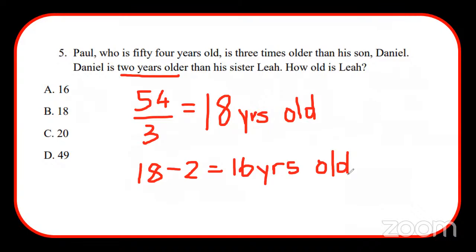And so in order to get Leah's age, we have to take away 2 from Daniel's age to get 2 years younger, which means that Leah is going to be 16 years old. All right, guys. So I hope that for the ones who did not get it before, I hope this explanation would have cleared up things for you.